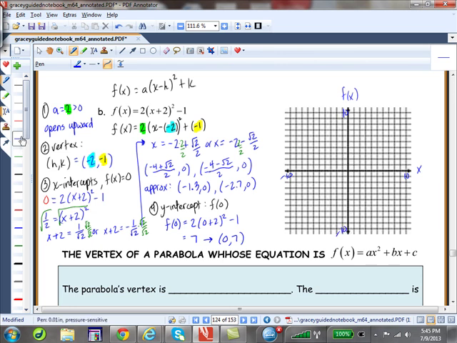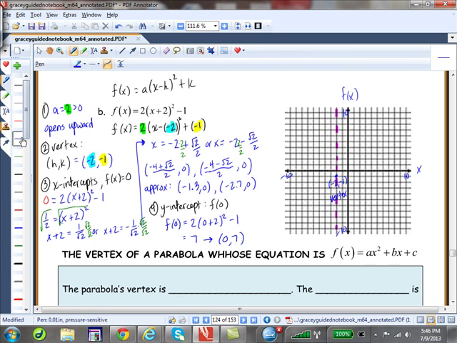So here we go. First step, let's graph our vertex. And that's at negative 2, negative 1. That was our vertex. That's very important. And our axis of symmetry, remember, is going to be the vertical line x equals negative 2.